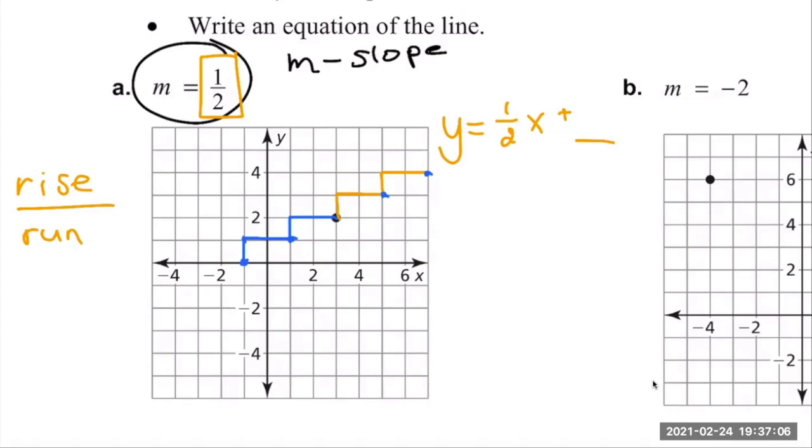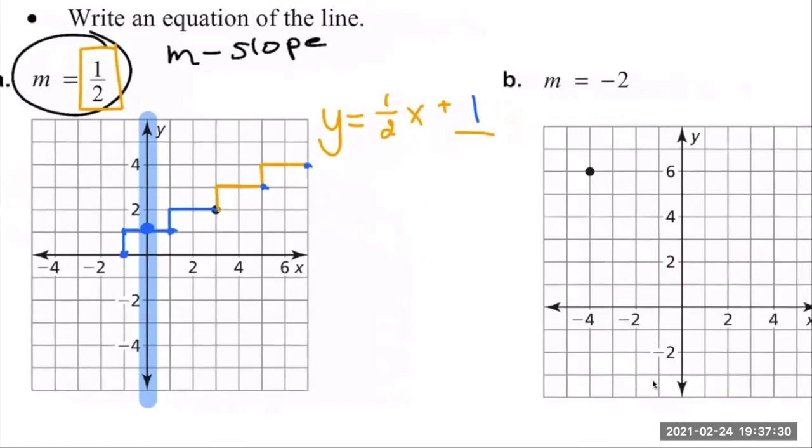Now we have to find this point right here. This is our y-intercept because this is our y-axis. Our y-intercept always falls on our y-axis, and for this one that would be 1. So there's our equation: y equals 1/2 x plus 1.